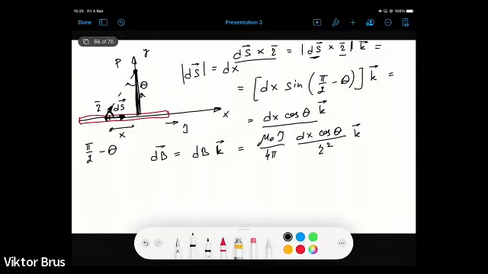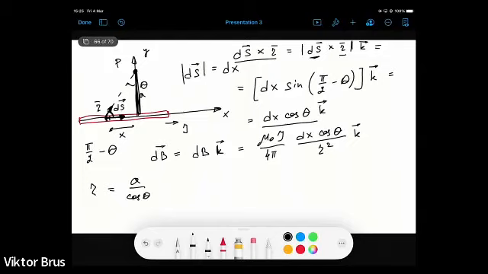If we keep this in mind, we can already calculate the distance between the small length element ds and point P. So r is equal to a divided by cosine theta.